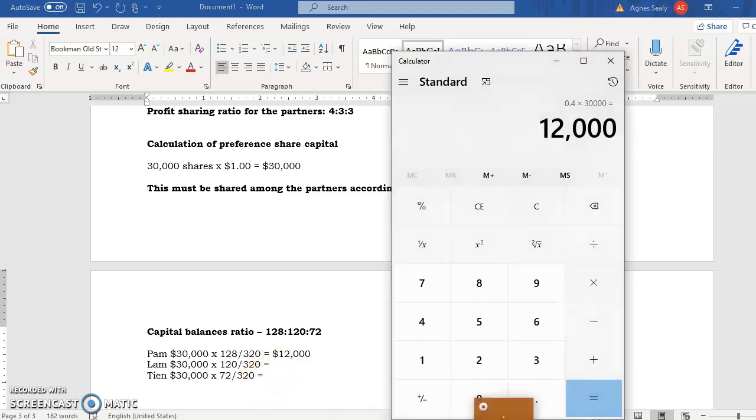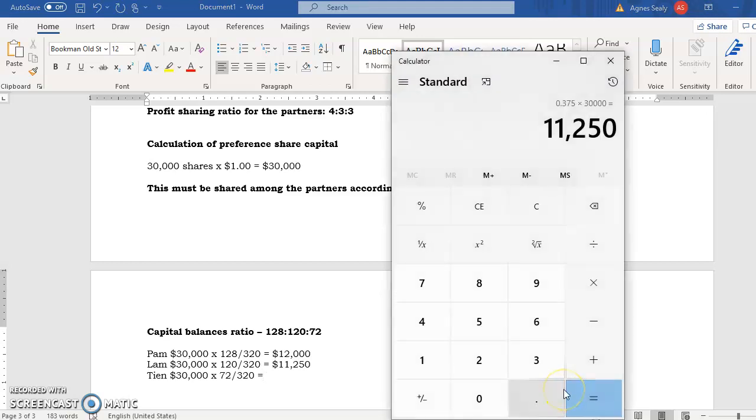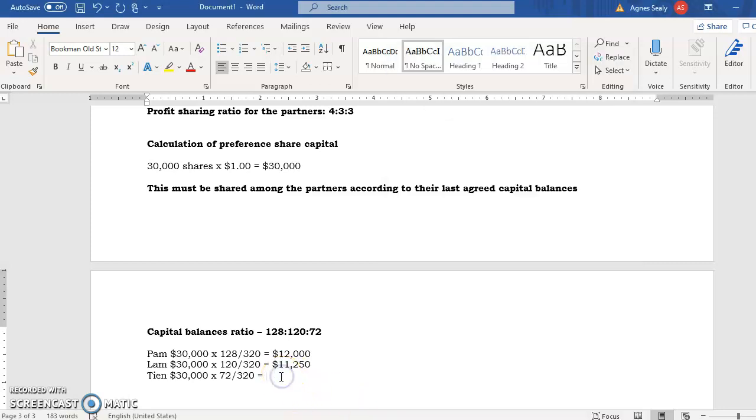Lam would be 120 divided by 320 times $30,000, which is $11,250. And for Tien, 72 divided by 320 multiplied by $30,000, which is $6,750.